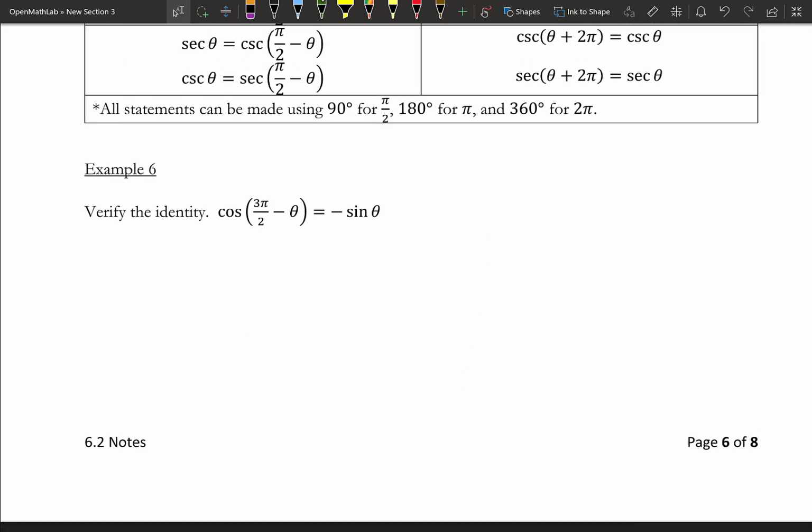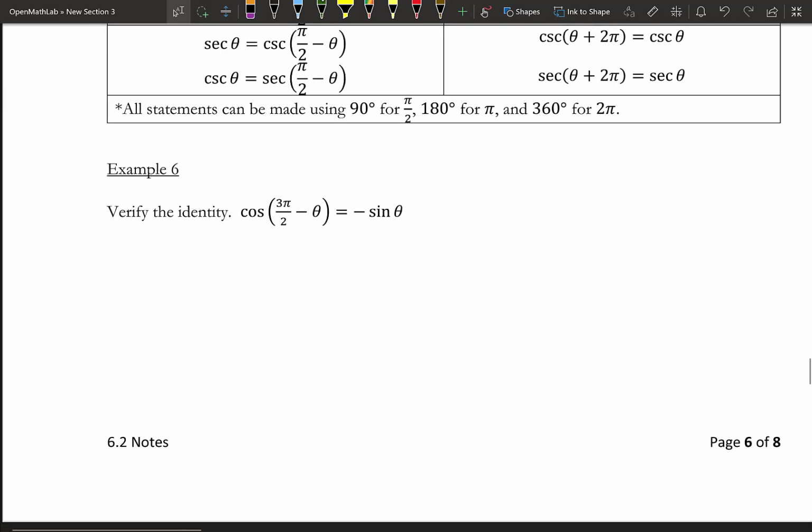So example 6, we want to verify the identity cosine of 3 pi over 2 minus theta is equal to negative sine theta. So using the difference formula for cosine, we start with the left-hand side. The left-hand side is cosine of 3 pi over 2 minus theta.